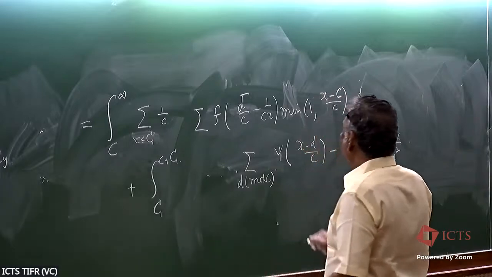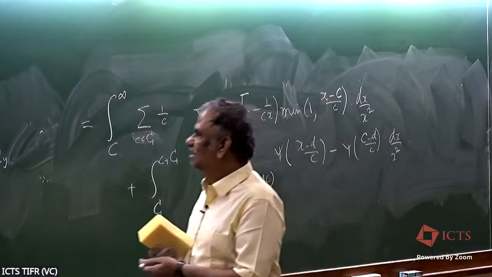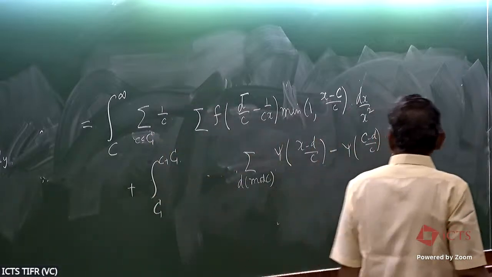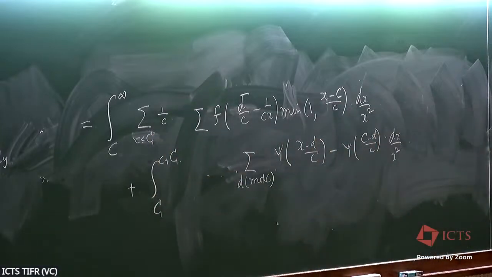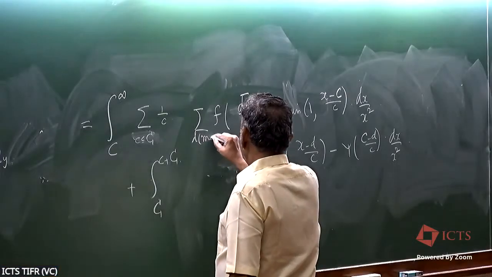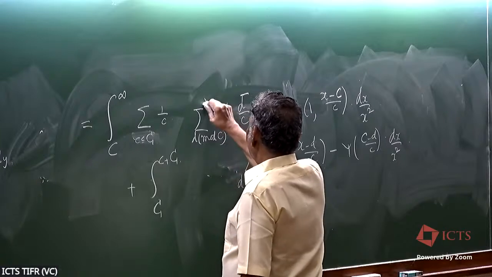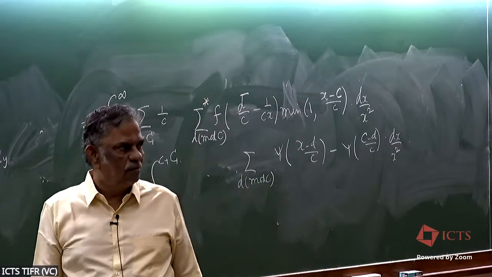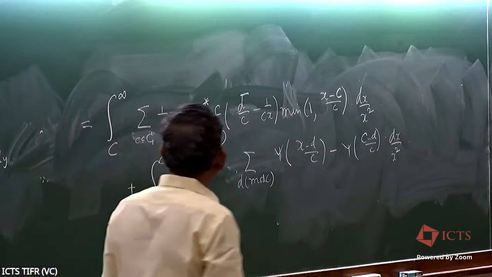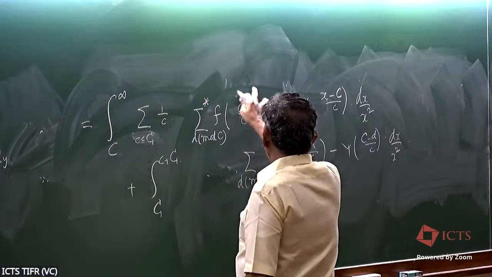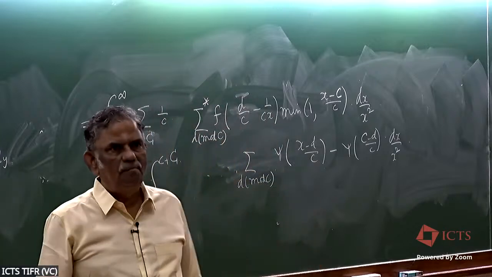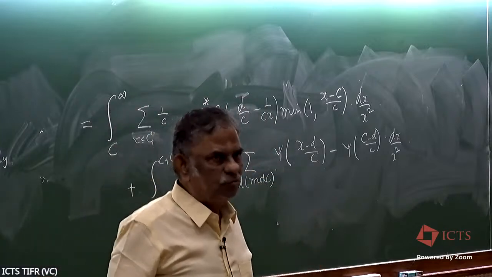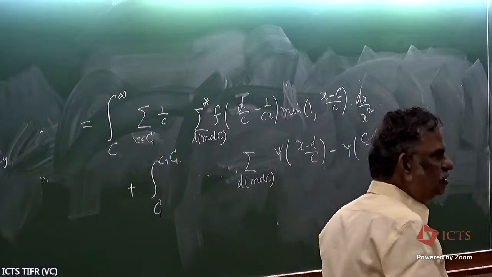Okay, now let's take the special case. The special case in which we are interested is f of x equal to e(x). And here the summation is d mod c, and the summation is with a star, of course, d and c coprime. And once it's d mod c, it doesn't really matter. I can as well put a d here, f of d by c, because d and d bar make no difference when d goes over mod c.